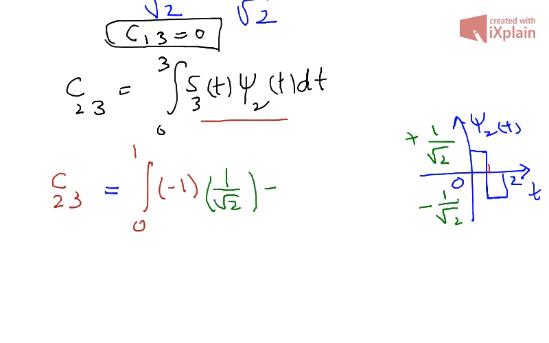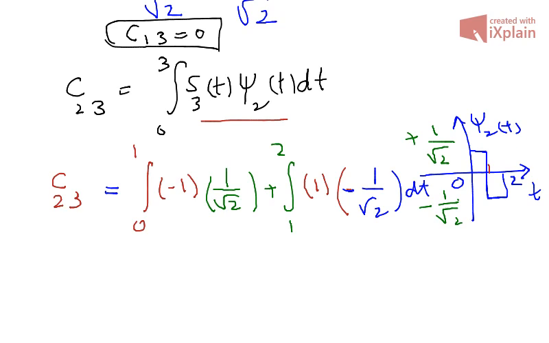Then from 1 to 2, S3 of t is basically 1, and psi 2 is minus 1 over under root 2.